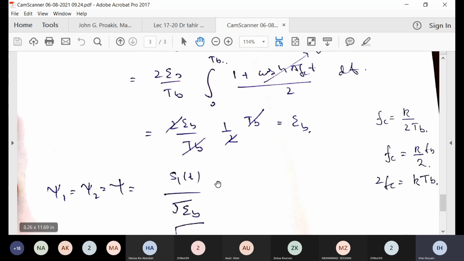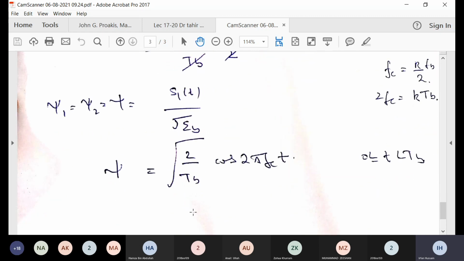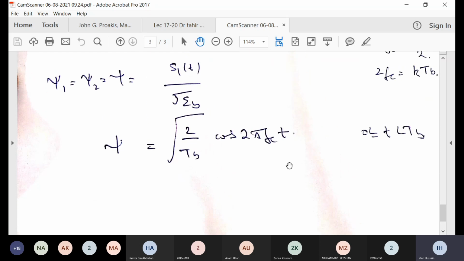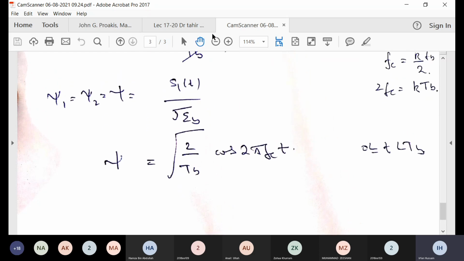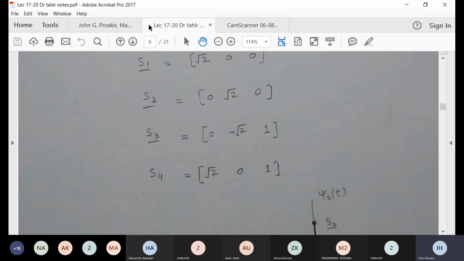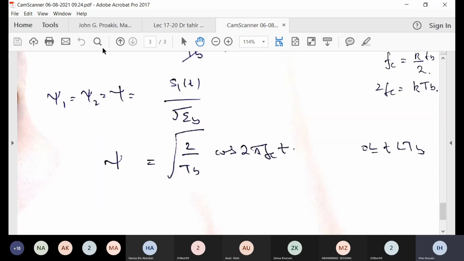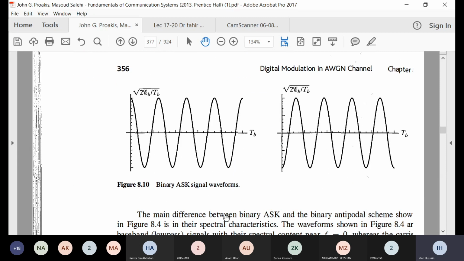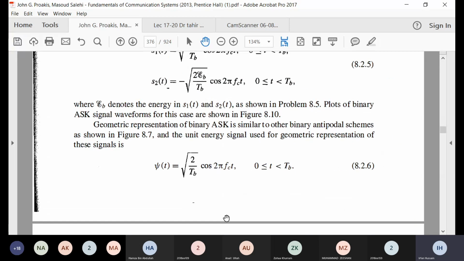So your orthonormal function is again the same principle, S1 divided by root EB, and S1 was root 2 EB, this comes out to be root 2 over TB cos 2 pi FCT. So we have in effect found this value, which I've shown you in my notes, and these are the binary ASK signal waveforms.